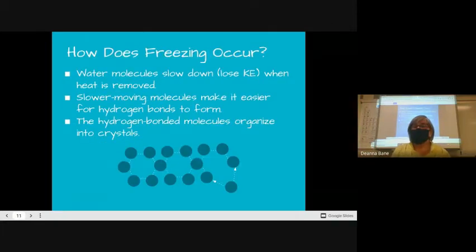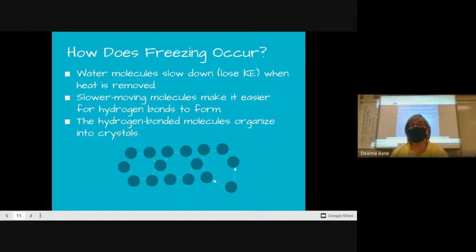All right, so now let's take a look at freezing. So water molecules slow down or lose kinetic energy when heat is removed. You've probably heard this before, but there's no such thing as cold. There's only the absence of heat. So when you cool something off, it's because you're removing heat from it.